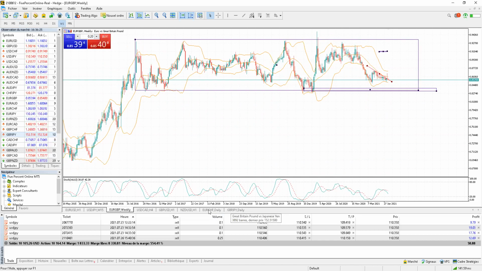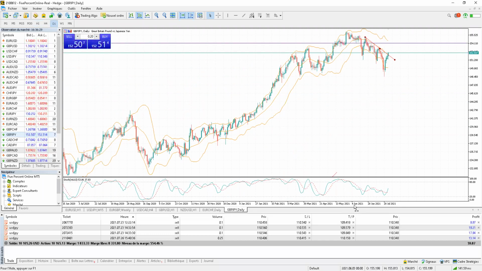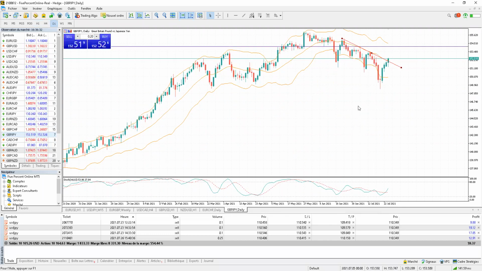Okay, so let me check. So we were talking about that pair. Still, we make a lower low all the time. Okay, so the trend is downward. You should be aware of this kind of candle here that can break and make a return to the uptrend.